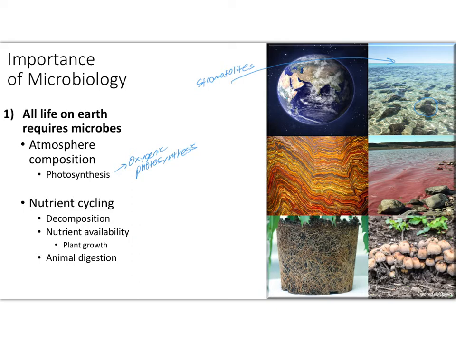Microbes can also be involved in making nutrients available to organisms in a different way. This happens a lot in the soil and is especially important with plant growth. When we think about plants growing, we just think about their roots being in the soil, getting the nutrients from the soil, and those nutrients going up into the plant and helping it grow. That is true to a certain extent.